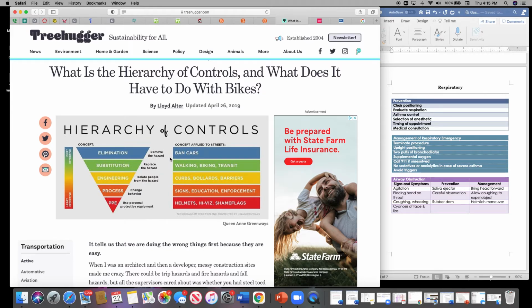You change the dynamics. You don't allow cars on bike paths. So that's an example of elimination. Substitution is people can walk, bike, or use transit. They still have their car, but they may also walk, bike, and use transit themselves. So there are just fewer cars on the road to be hazardous to bikes.